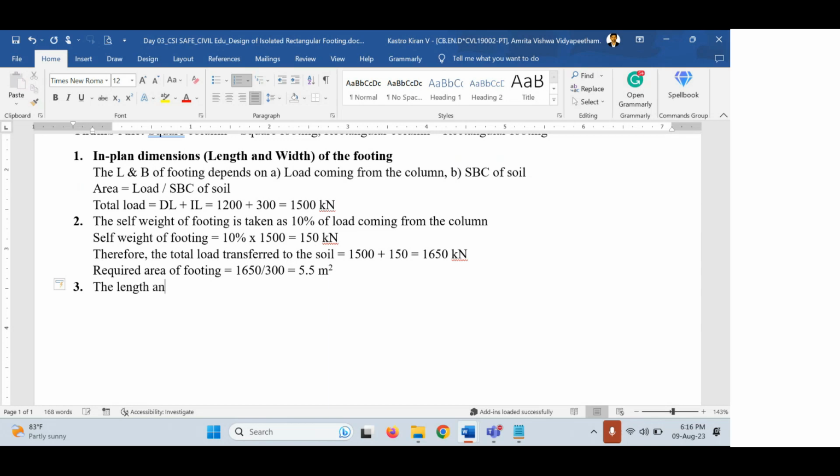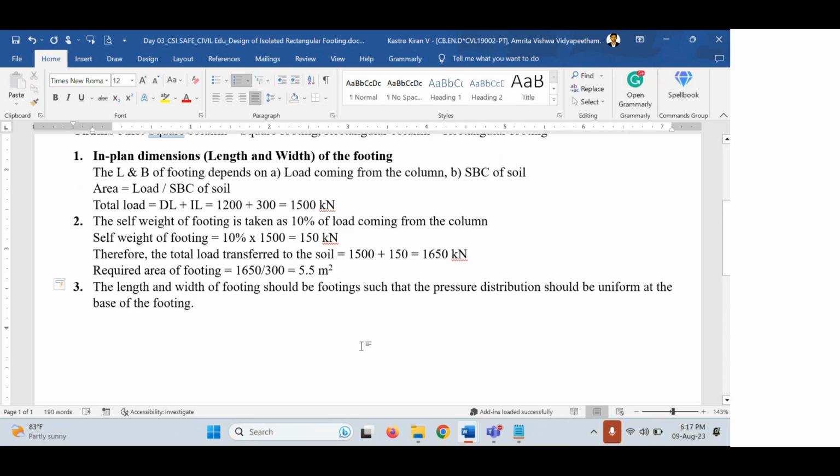The length and width of the footing should be decided such that the pressure distribution is uniform at the base of the footing. Whatever footing you construct, at its base the pressure distribution must be uniform.